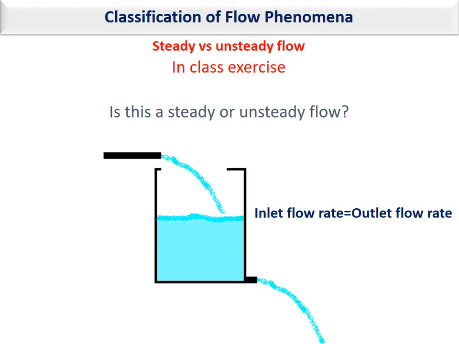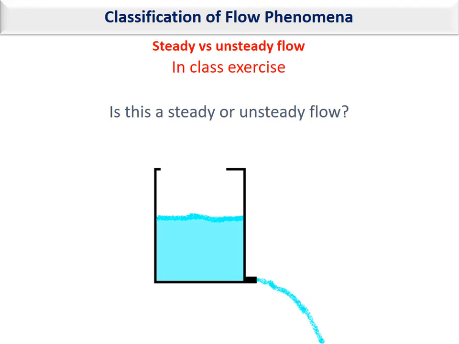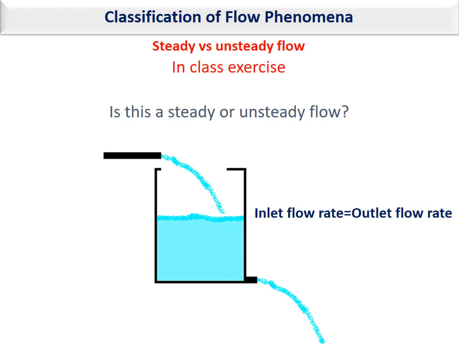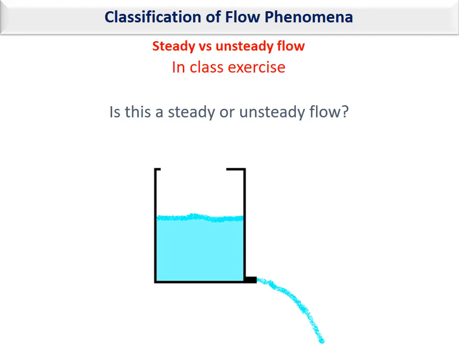In this case, there is an inlet to the tank which is equal to the outlet flow rate, but in this picture there is no inlet. What do you think? I think you are right, because in the first case, as the height decreases, the flow velocity at the outlet will also decrease, because the flow velocity here depends on the height of the tank.